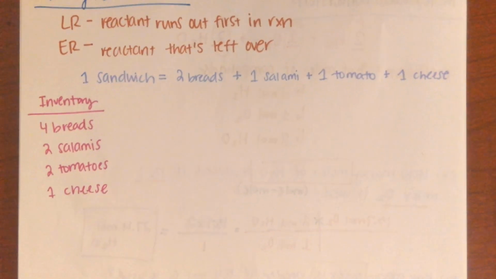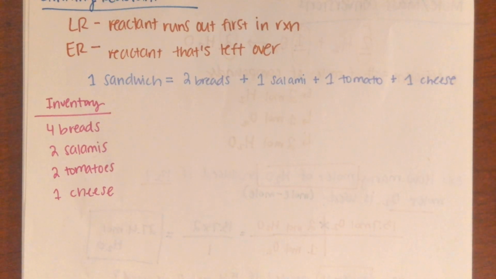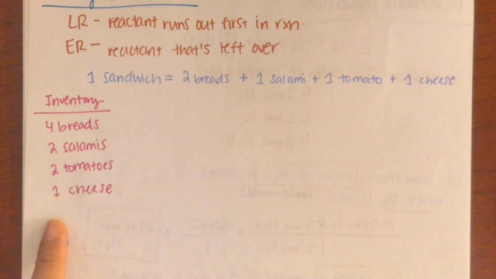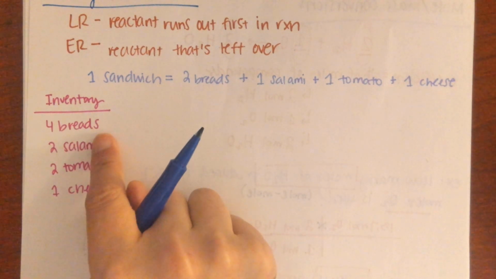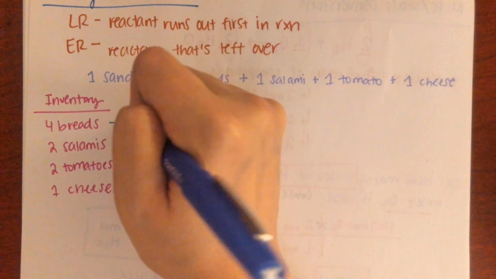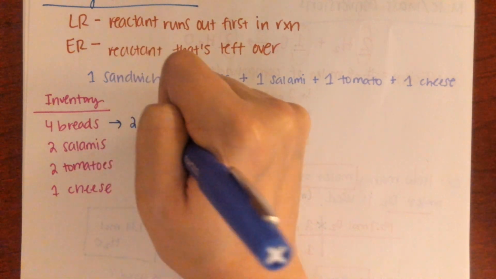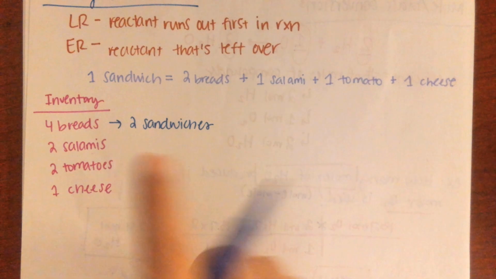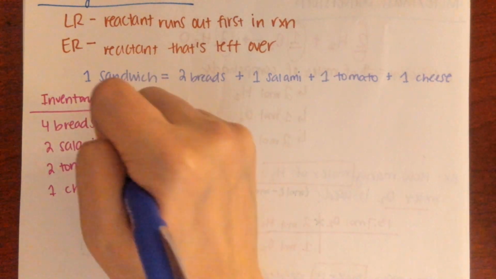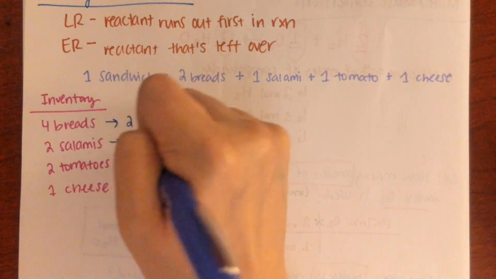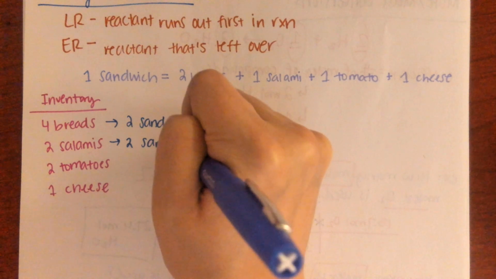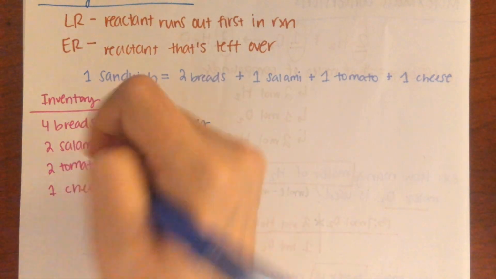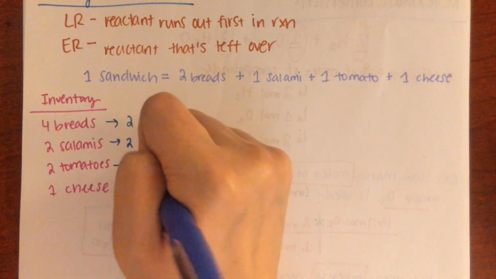So you can obviously kind of see what runs out first, right? When we look at our ingredients here, you can see how many sandwiches I can make based on what I have left over. With my 4 breads, I can make 2 sandwiches. With my 2 salamis, I can also make 2 sandwiches. So far, so good. My 2 tomatoes, I can make 2 sandwiches.